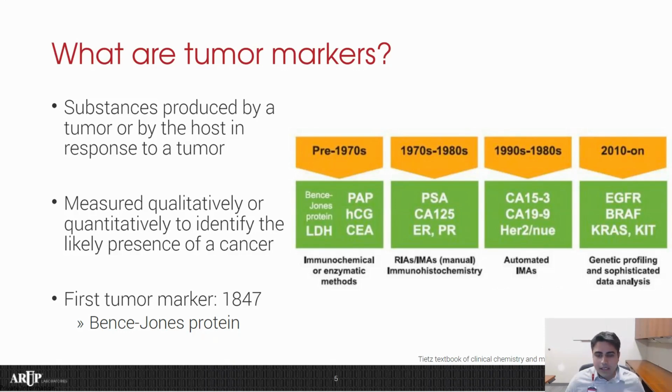And in the decade of 2010, and from that point on, several more sophisticated assays were developed, as well as data analysis tools accompanying those assays, which led to development of certain biomarkers that are EGFR, BRAF, KRAS, etc.